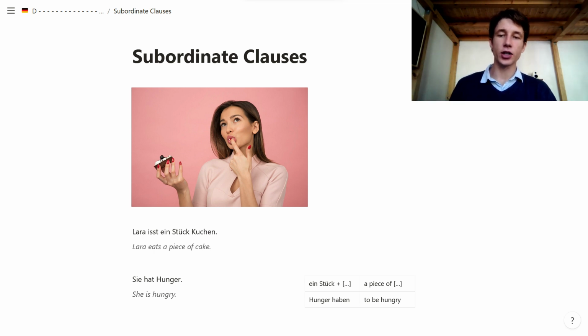Literally, the German expression is to have hunger, which doesn't make any sense in English, where we use the adjective hungry to explain that we're hungry. But in German, you say that you have hunger, and the German for that is Hunger haben. So sie hat Hunger means she is hungry.